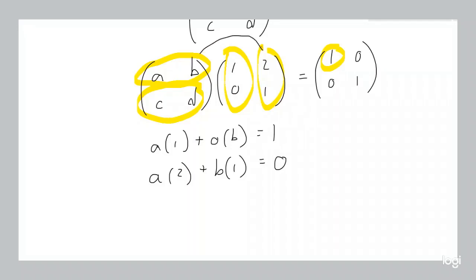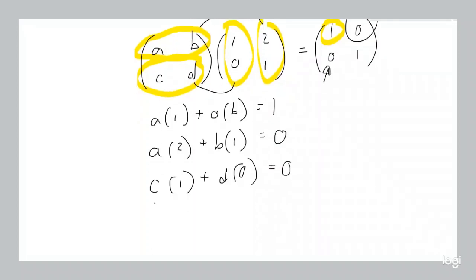So that's the dot product of these gets you that 0 right there. You could say C times 1 plus D times 0 gets you 0. Okay, that's these two multiplying gets you that 0 there. And you could say C times 2 plus D times 1 gets you, okay, that's that right there, gets you 1.